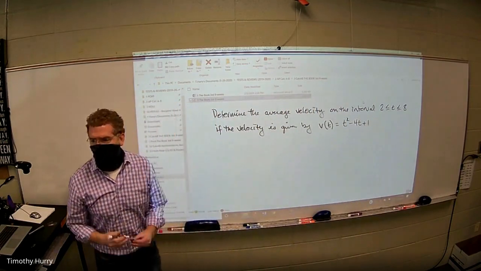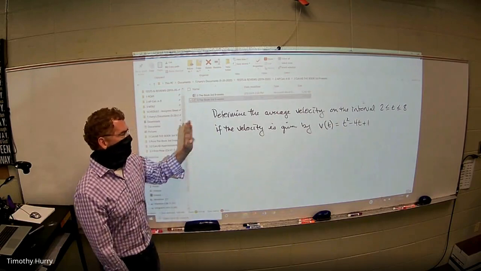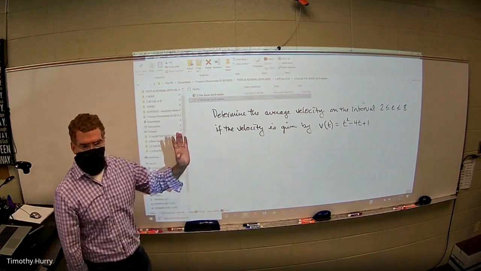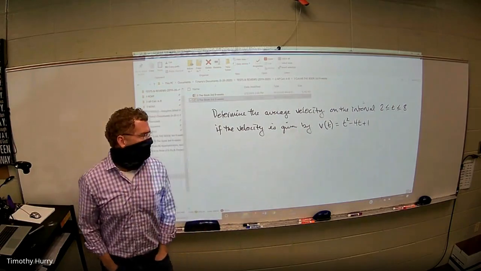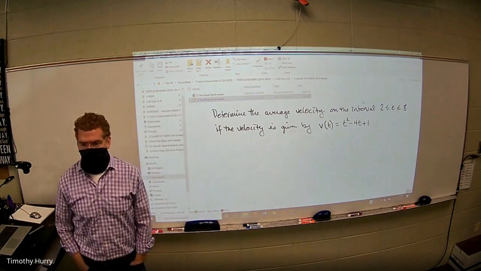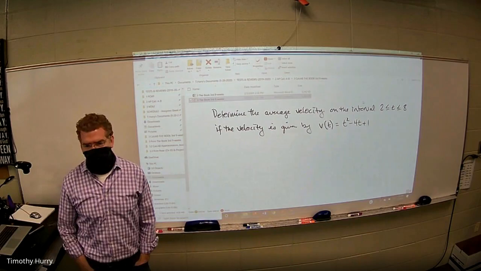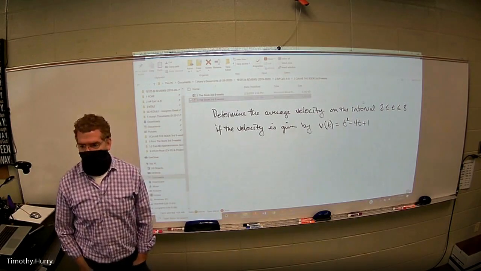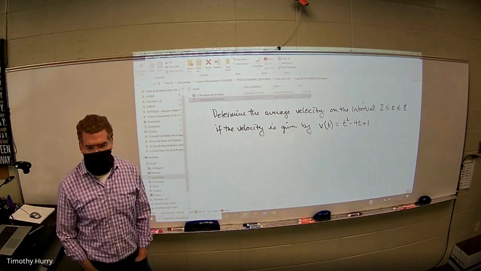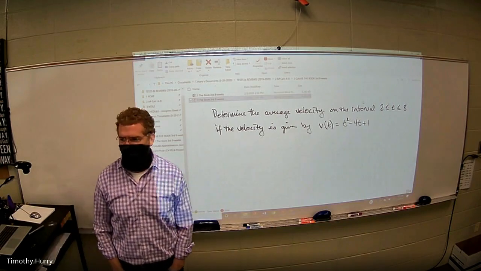All right, guys, real quick. Determine the average velocity on the interval from 2 to 8 if the velocity is given by v of t equals t squared minus 4t plus 1. Set it up. What is the average velocity? You have to know this if you were present yesterday.